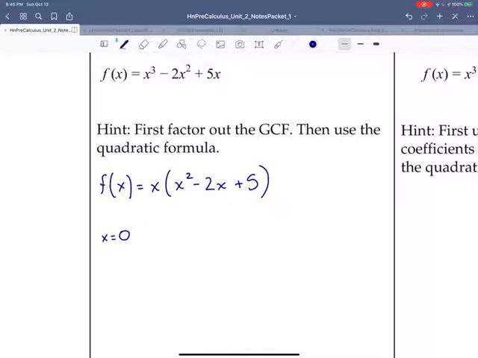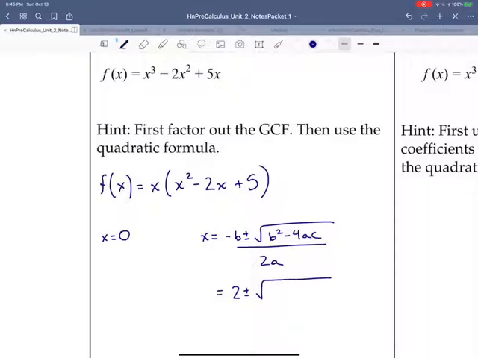And when we do that, we get x equals negative b plus or minus the square root of b squared minus 4ac all over 2a. So I plug in the coefficients I have. This is going to be positive 2 plus or minus the square root of negative 2 squared, which is 4, minus 4 multiplied by 1 multiplied by 5, all over 2 multiplied by 1.